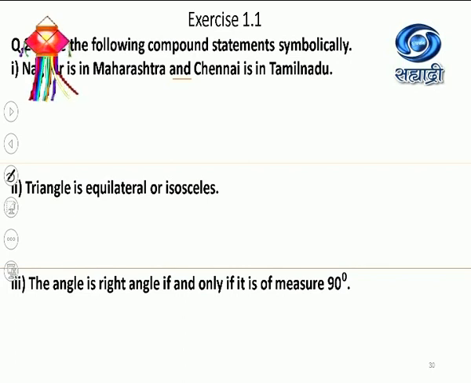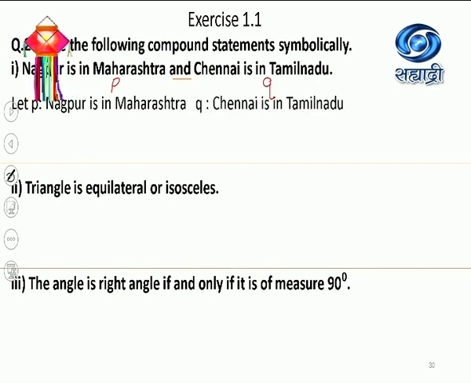So for writing the symbolic form, the statement before "and" will be P, and the statement after "and" will be Q. So we write the two simple statements, P as Nagpur is in Maharashtra and Q as Chennai is in Tamil Nadu, and the word "and" is used, so the conjunction symbol is used here. So the symbolic form will be P conjunction Q.